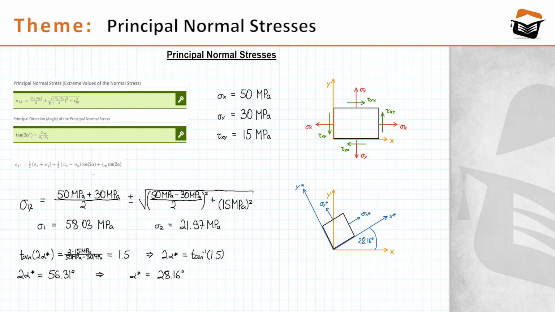And if your computed value corresponds to sigma 1, then sigma x star is equal to sigma 1. If it corresponds to sigma 2, sigma x star will be then sigma 2. And even though you have a formula for sigma x star and sigma y star, you just need the formula for one component because the other component is automatically perpendicular to the other component.